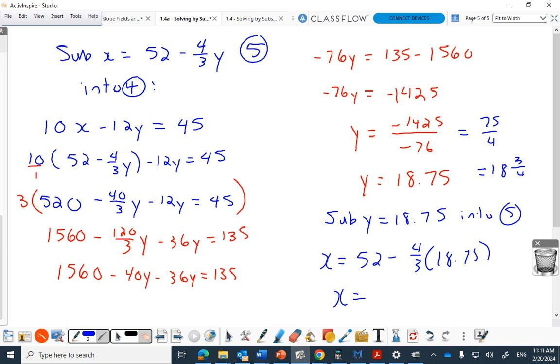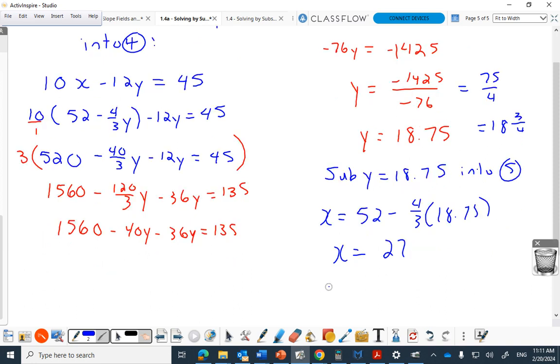And I think actually it comes out to something reasonable. Yeah, 27. Therefore, the solution is 27, 18.75. I encourage you to take the original equation and plug it into Desmos and see if you get 27, 18.75. Because that's really fun and scary.